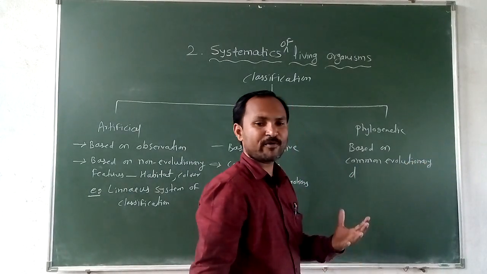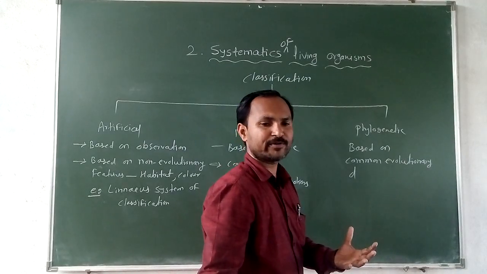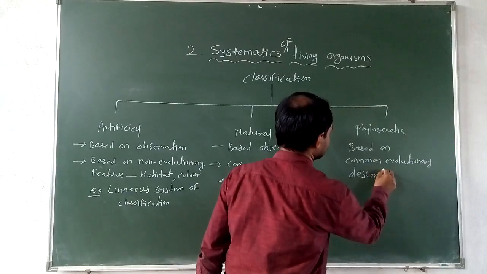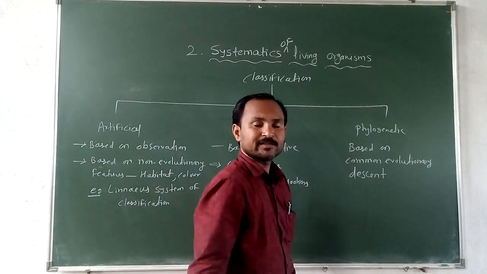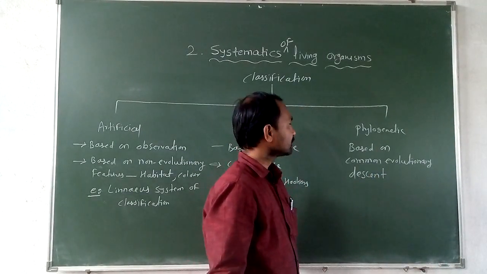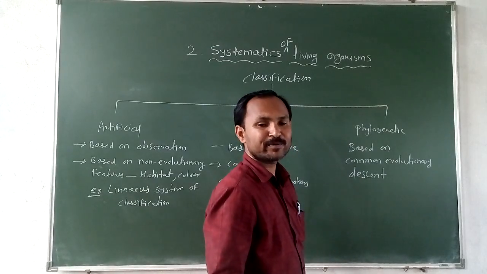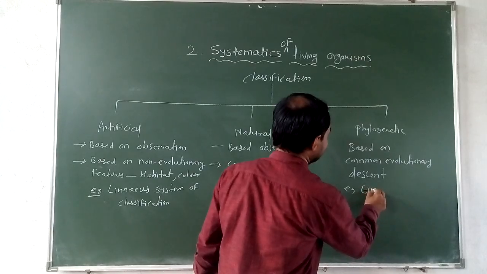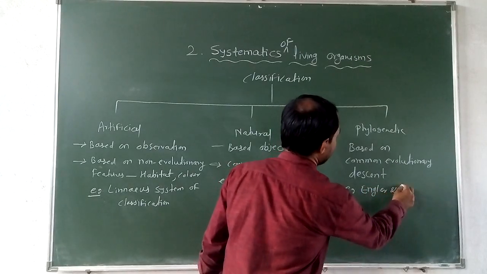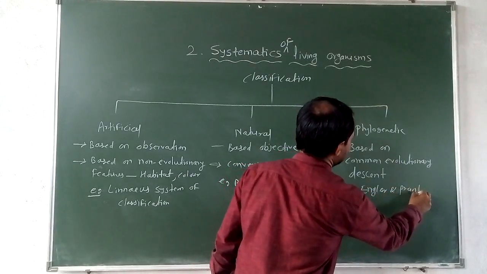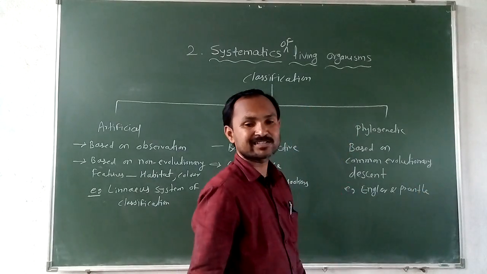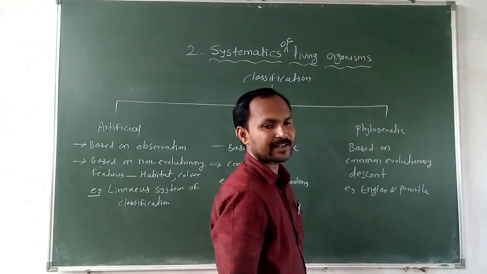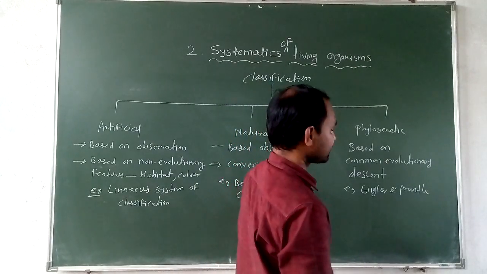Descent means origin. This classification was performed again by two scientists, the Engler and Prantl system of classification.